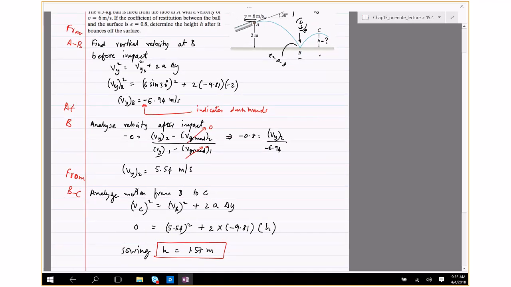But here's something else: this question involves what you learned in the first chapter I taught, chapter 12, as well as chapter 15, right? So let's look at oblique impact.